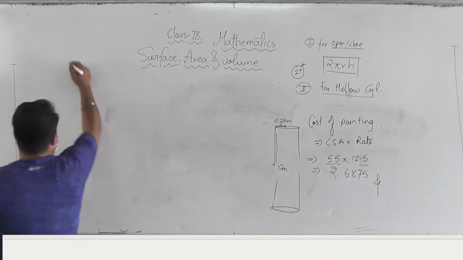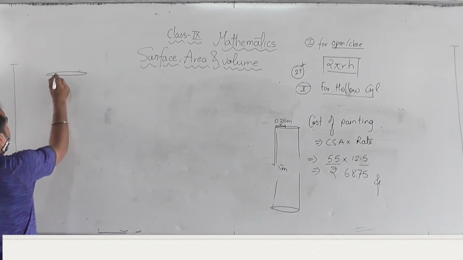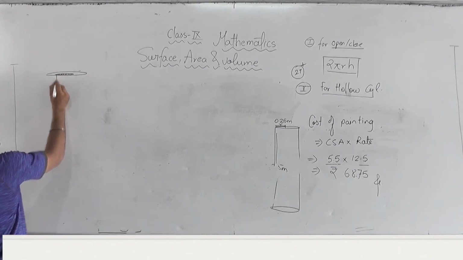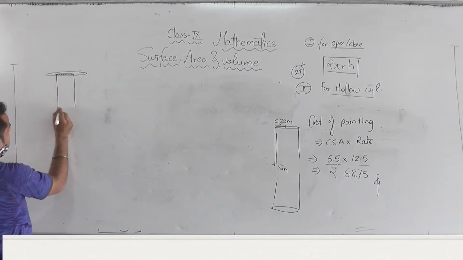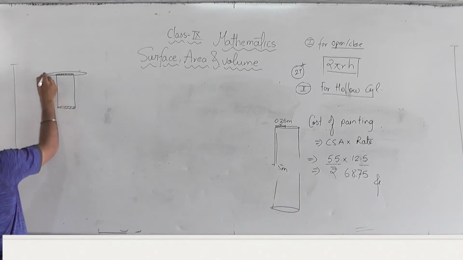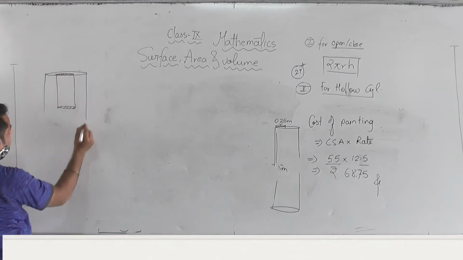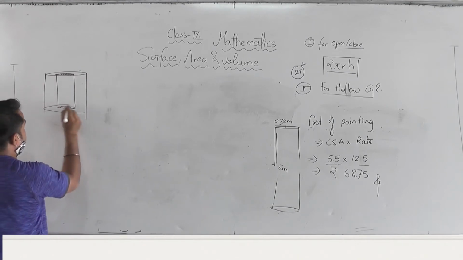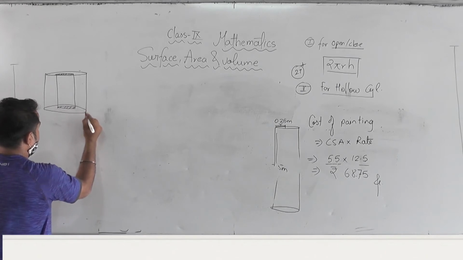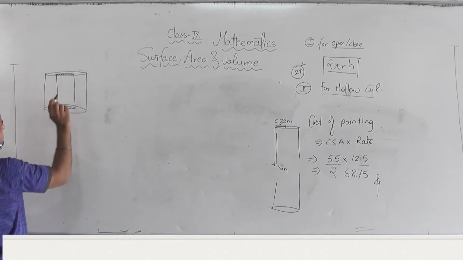Now just remember, in a hollow cylinder, the inner cylinder I told you is open. So this cylinder is open already, which I have made first, and the surface between the inner and outer cylinder is there because it is a solid cylinder. A hollow cylinder just comes up like this.